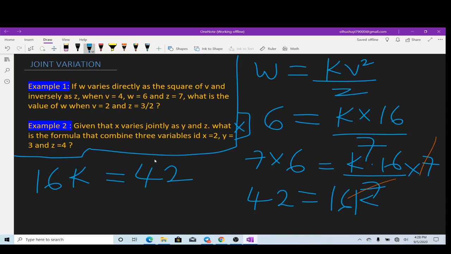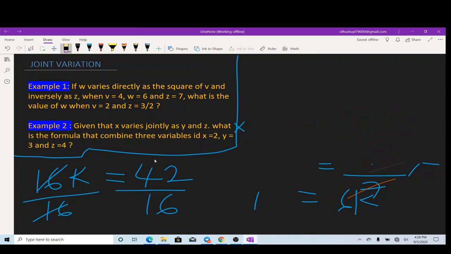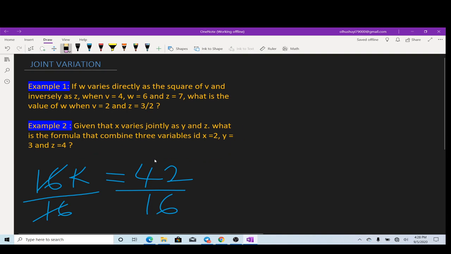Dividing both sides by 16, the coefficient of the unknown, let's break this down: 2 here, 2, 1, 8.